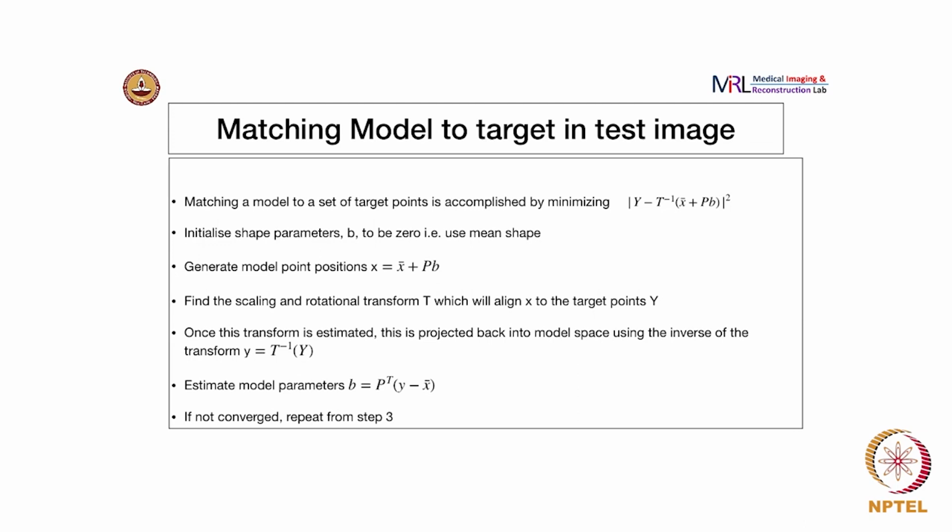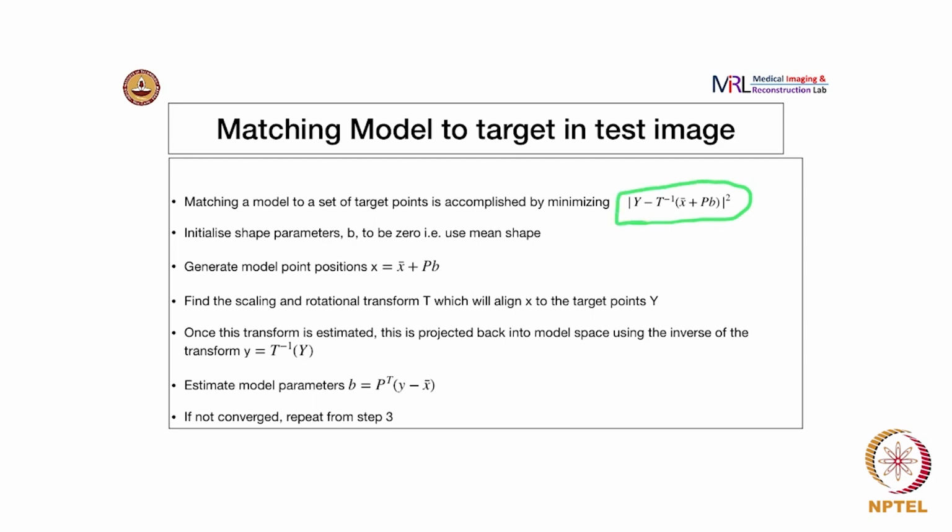What you want to do is take your model, which is now described by B, and do some rotations and translations on it, so that the model you are working with matches the Y in the data. So basically you are trying to solve this optimization problem. The way to solve this optimization problem is the following.